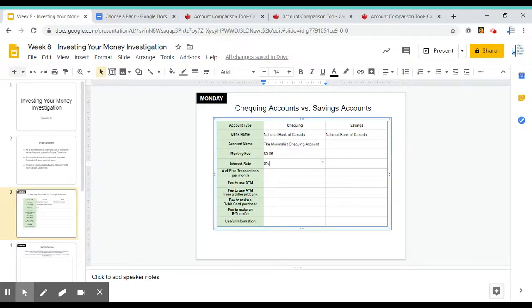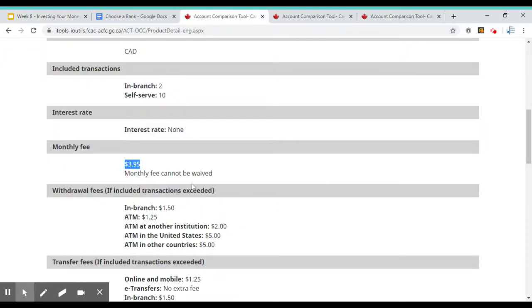All right, up next we have number of free transactions per month. So I'm going to see there's a section here up above that says included transactions, and it says in branch 2 and self-serve 10. So a transaction could be paying a bill, taking money out at the ATM machine, doing a transfer of money, using your debit card at a store.